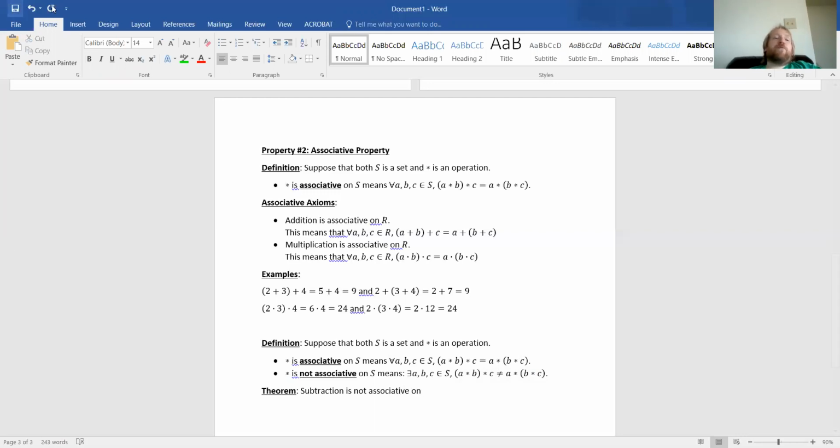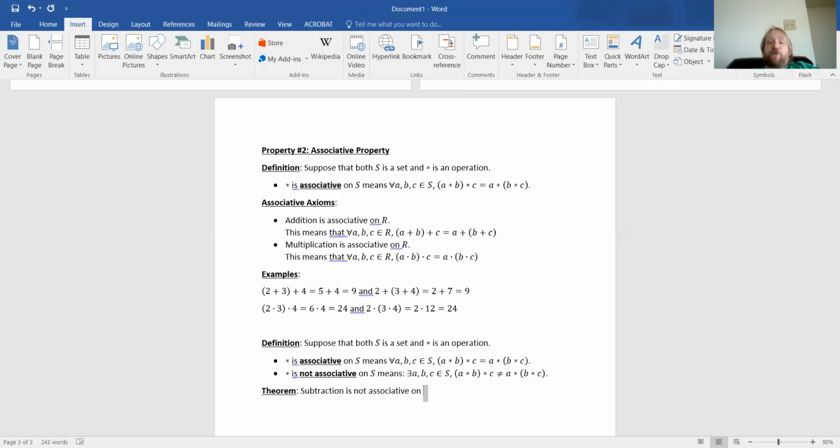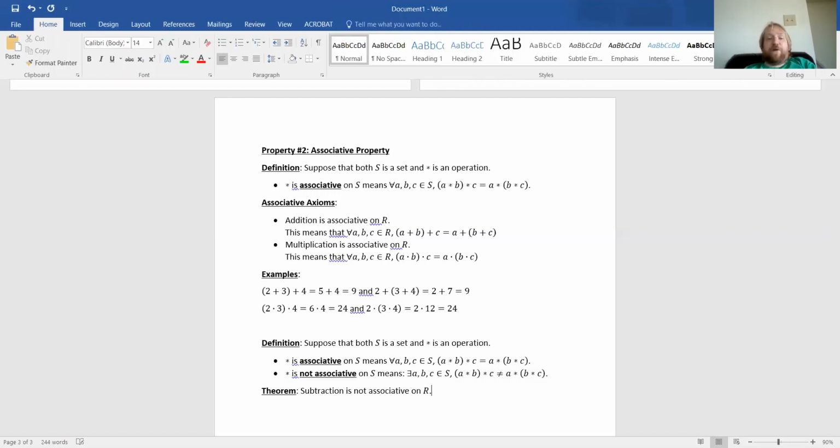So we'll prove that subtraction is not associative on the set of reals. Now, to do this, we want to show, remember we use WTS for want to show, and I always recommend when proving these properties, write down what you want to show before you write down the proof. So to prove that subtraction is not associative on the reals, we have to apply this definition of not associative. Our set is the set of reals, and our operation is subtraction.